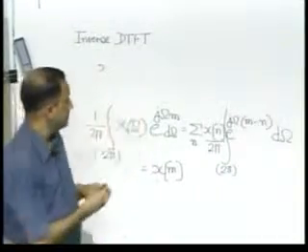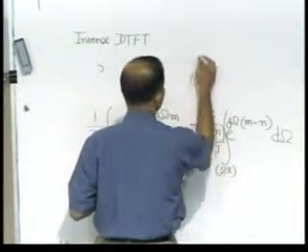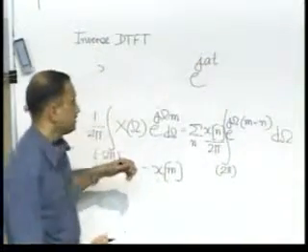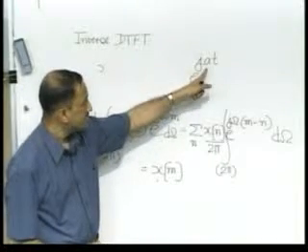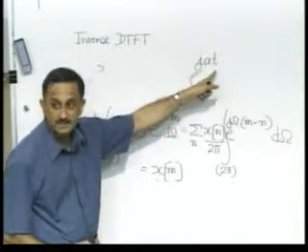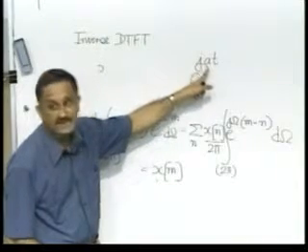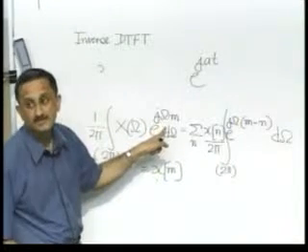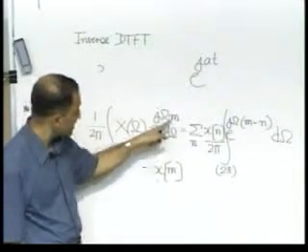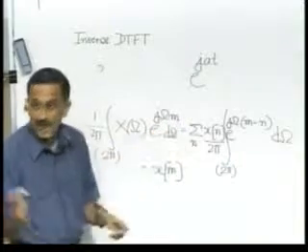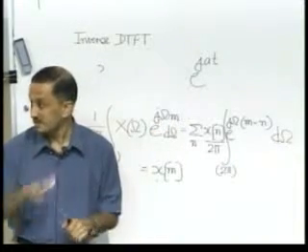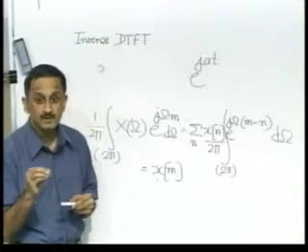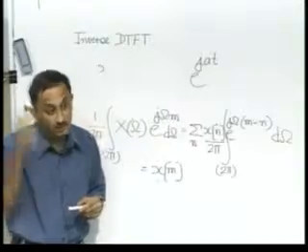If you have e raised to the power j a t, a being a real number, and you think of t as the variable, then this is a phasor rotating with an angular velocity of a. Now here think of omega as the variable. So it rotates with an angular velocity of m as you change omega. So you must think of it as a phasor rotating with an angular velocity of m, thinking of it as a phasor on omega, right?